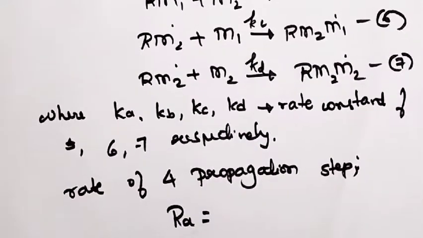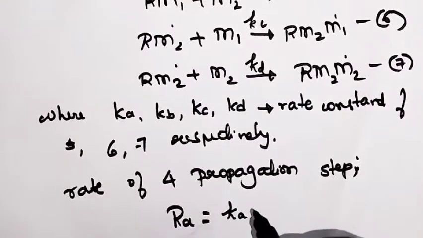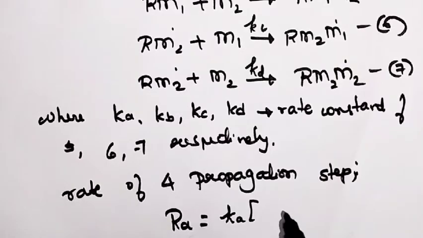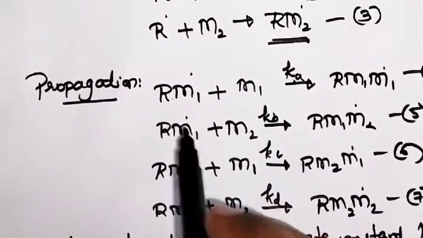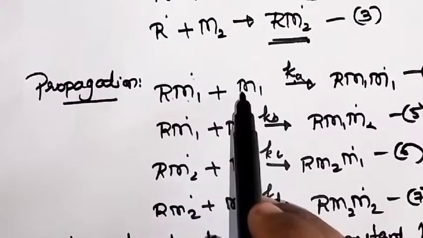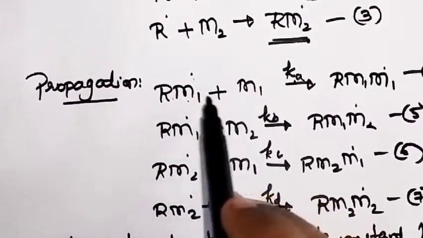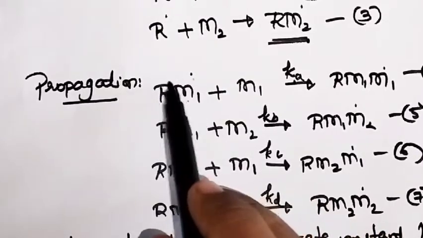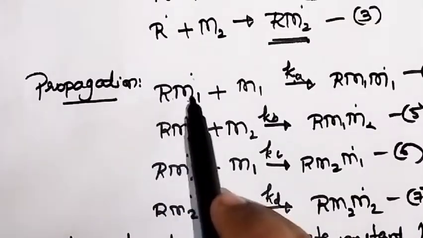RA is given by the rate constant Ka times the concentration of the reactants. Here the reactants are RM1 free radical and M1, so the concentration of this and the concentration of this. Now here you can consider only this one; you need not write RM1 free radical.